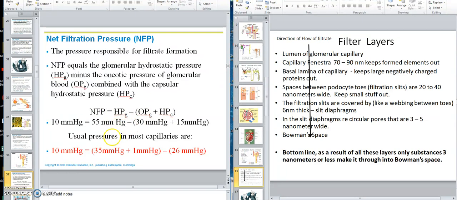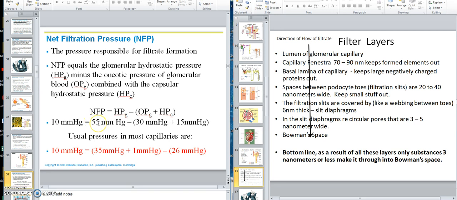But we're saying the usual pressure in most capillaries, net filtration pressure of 10, but the usual pressure in most capillaries, go back and study, is 35 millimeters of mercury pressure. I put this right down here for you to see it. Go back to that chapter. The usual is 35, but in the kidney is 55.